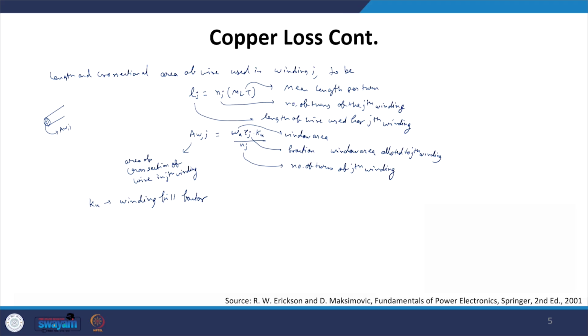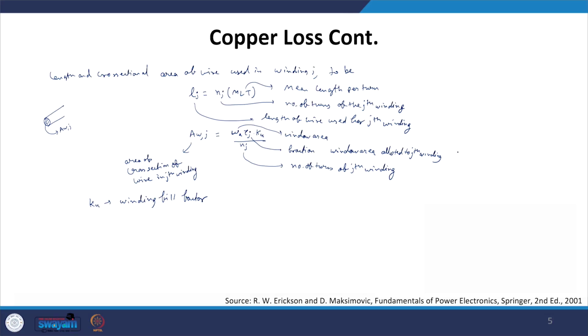Because the windings have enamel coating, once you wind one turn and place the next turn, you will not be able to use the exact space in the window area. Plus the winding conductors are circular in nature, so they are not able to completely take up the window area. So that is why there is a term called the winding fill factor.